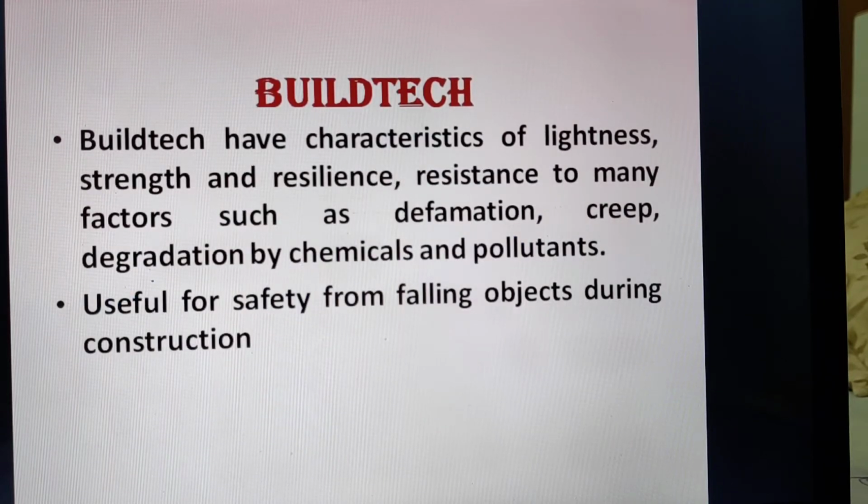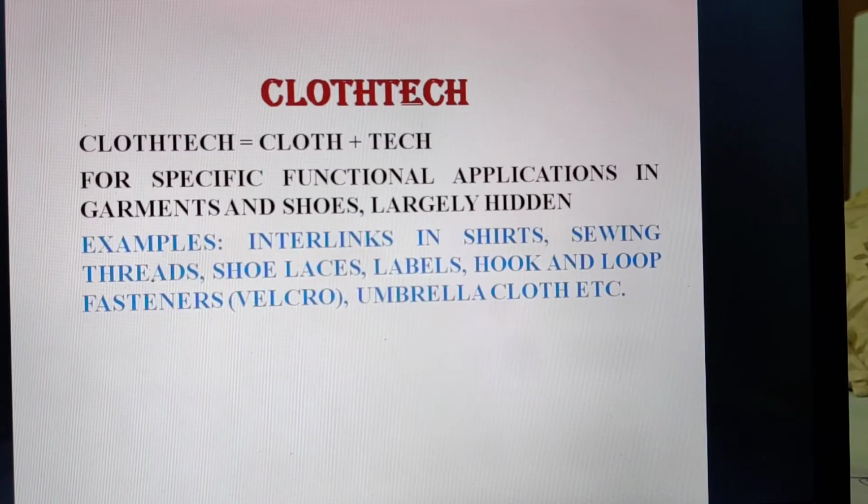They have the characteristics of lightness, strength, and resilience, and resistance to many factors such as deformation, creep, and degradation by chemicals and pollutants. They are useful for safety from falling objects during construction in multi-storied buildings or even 3-story, 4-story buildings, and also during maintenance.